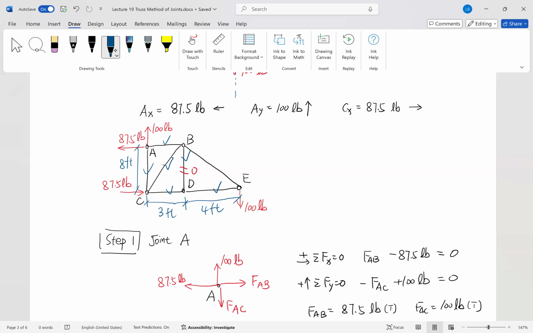Of course, you can go with joint E or joint B. If you go with joint E, it is simpler. But for the sake of practicing, I would go with joint B, which is more challenging.